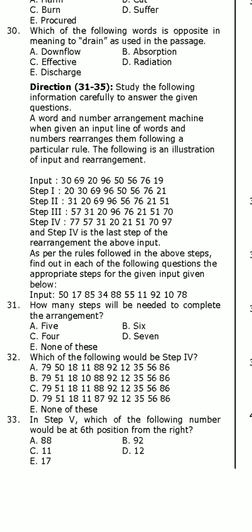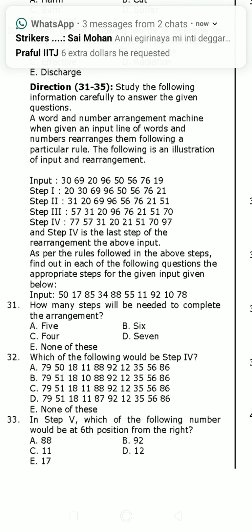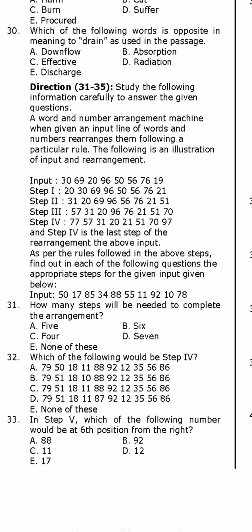The following is an illustration of input and rearrangement. Input 30, 69, 20, 96, 50, 56, 76, 19. Step 1, step 2, step 3, step 4. And step 4 is the last step of the rearrangement of the above input.